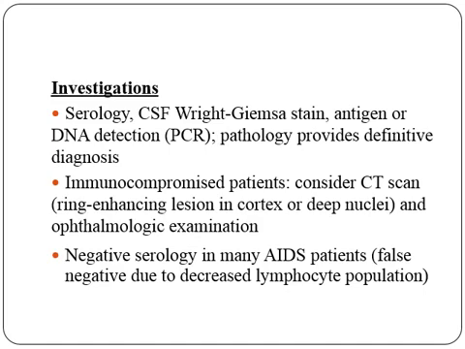In immunocompromised patients, we consider CT scan for their neurological manifestations because if they aren't apparent, they will appear later. The CT scan shows ring enhancing lesions in the cortex or deep nuclei, as they can tell in the CT.